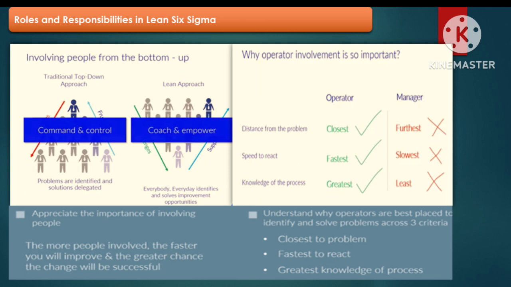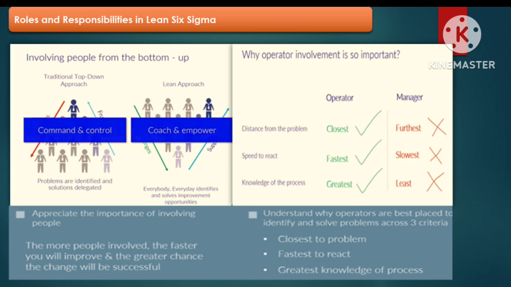And who can provide the most valuable inputs. And speed to react, right? The fastest to give the inputs, fastest to provide and work on the process. Knowledge, right? No one else can have better process knowledge than the person who is working on that process on daily basis. So that's where this operator involvement in the project is very necessary and very, very important.